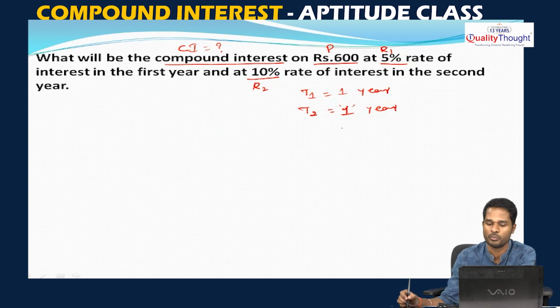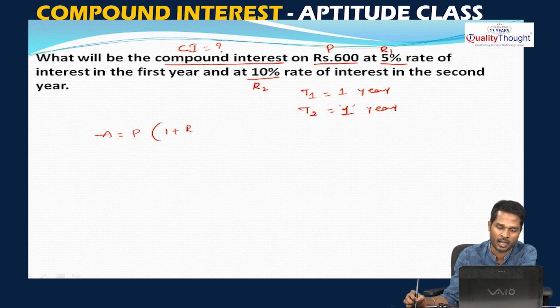Now the total amount will be principal amount into (1 plus R1 by 100) whole power T1 into (1 plus R2 by 100) whole power T2.